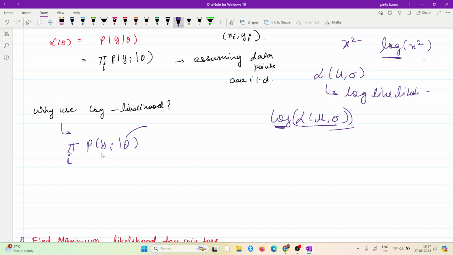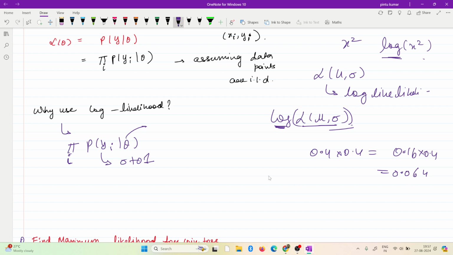These probabilities are always between 0 and 1. Let's say you multiply 0.4 by 0.4. What value do you get? You get 0.16. Again, if you multiply it by 0.4, you get 0.064.